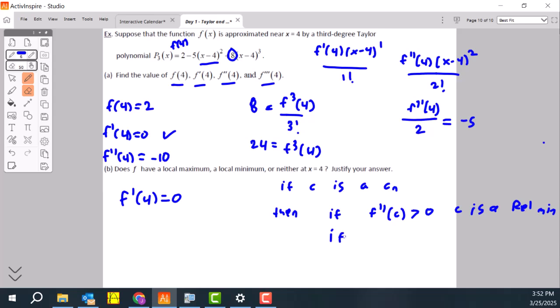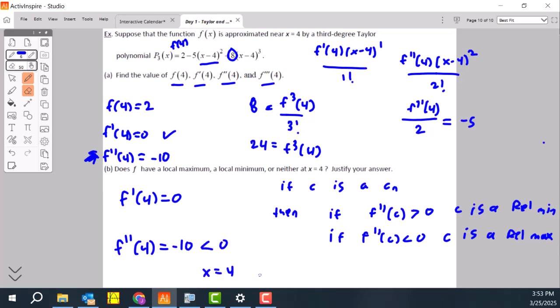And if the second derivative at c is negative, c is a relative max. And if it's 0, well, then that doesn't tell us anything. But this is hopefully what we want to get. Well, luckily, we have information about the second derivative right here. The second derivative is negative 10, which is less than 0, which means x equals 4 is a relative max.